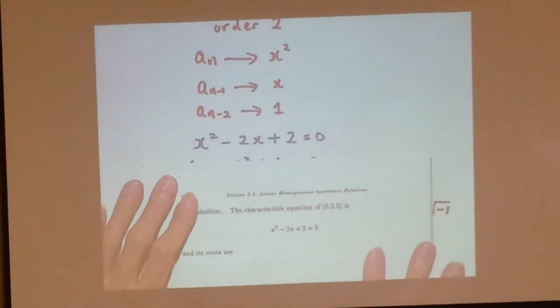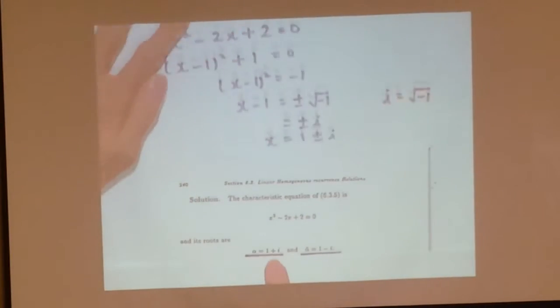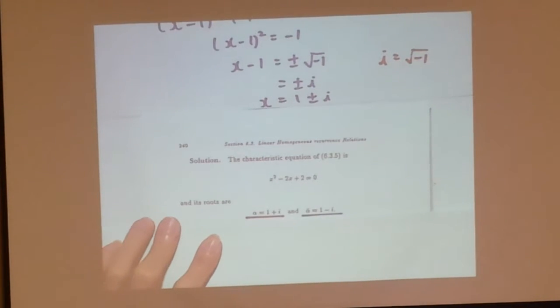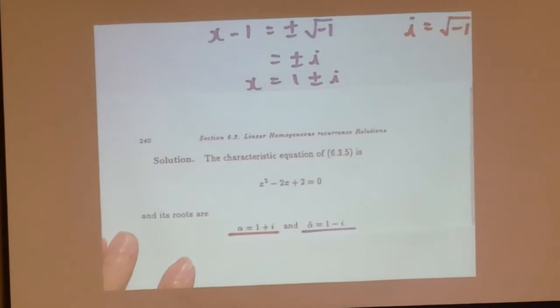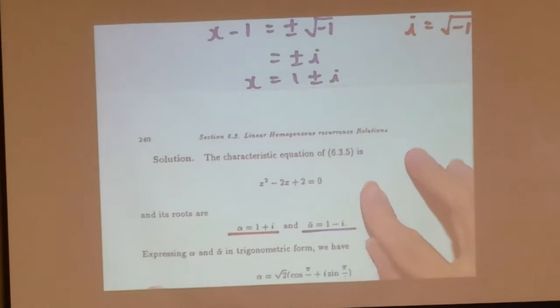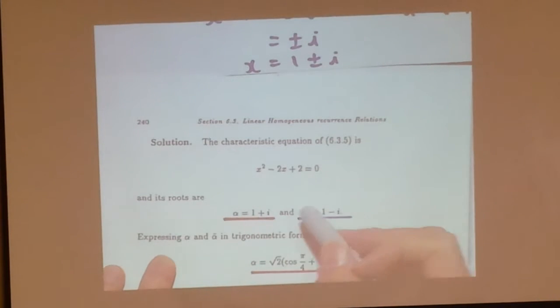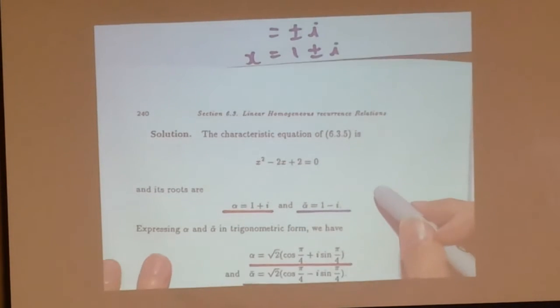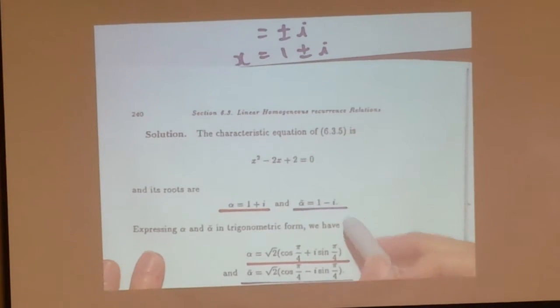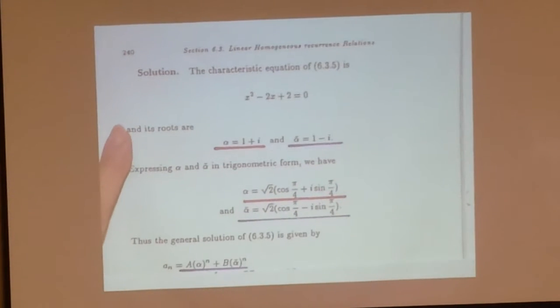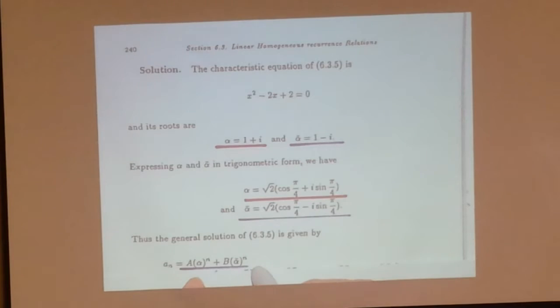After solving for roots, you realize they are 1 plus I and 1 minus I. First you convert to polar form: 1 plus I, you change to polar form, then the conjugate 1 minus I, you change to polar form. Then you take alpha and alpha bar as two distinct roots.